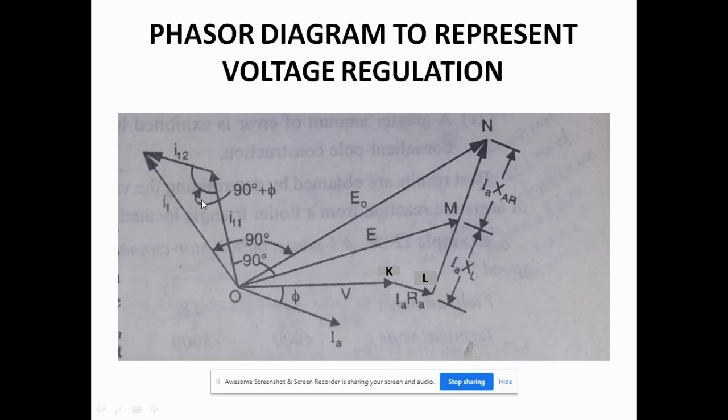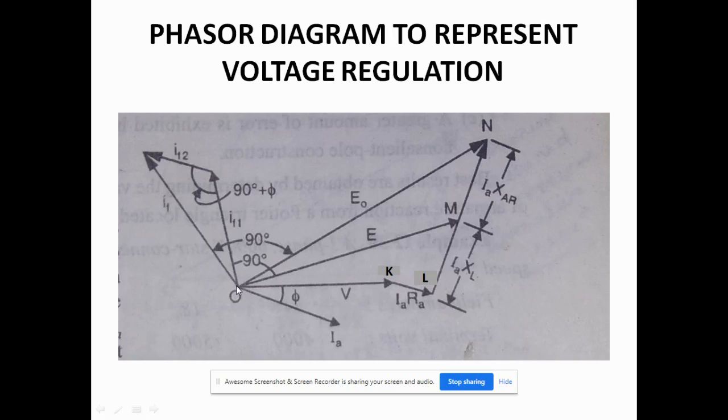Then second field current phasor is IF2. So here IF2 represents the field current which is responsible to overcome the armature reaction drop, that is Ia into XAR. So this IF2 is perpendicular with the voltage drop Ia into XAR.